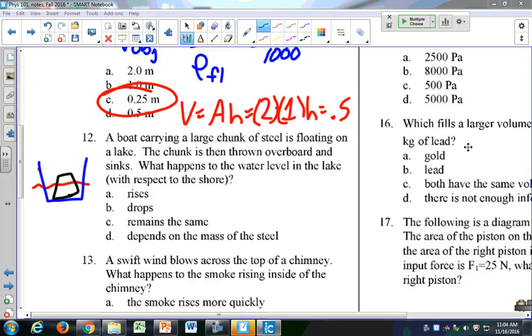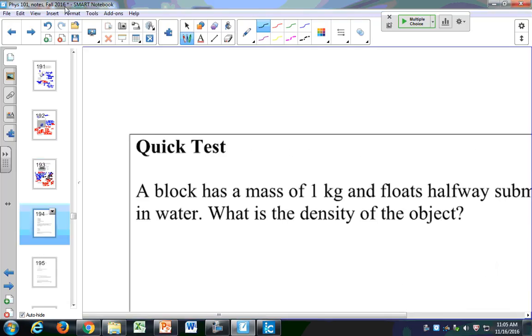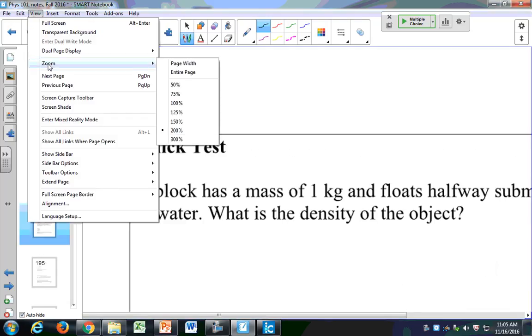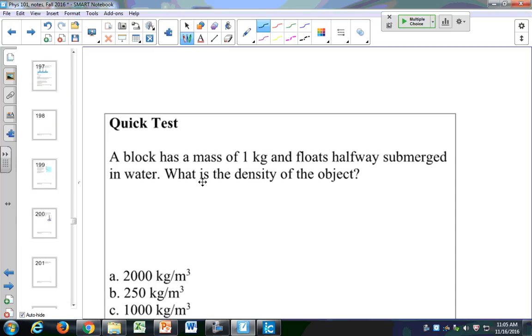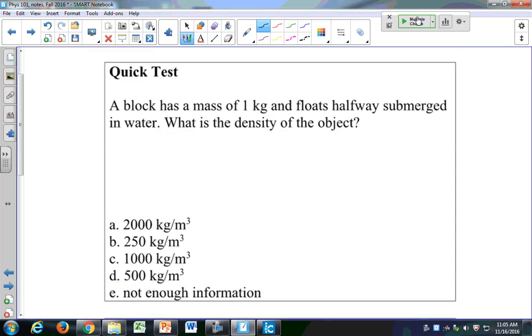All right, I want to show you something that's kind of cool. We'll go back to, let's try this quick test, then I'll show you this thing.